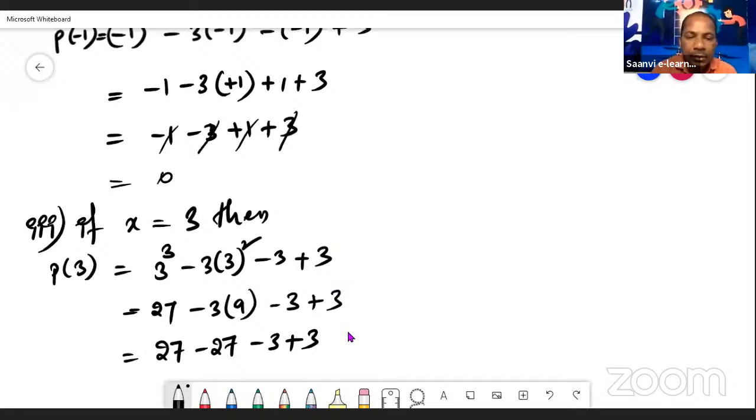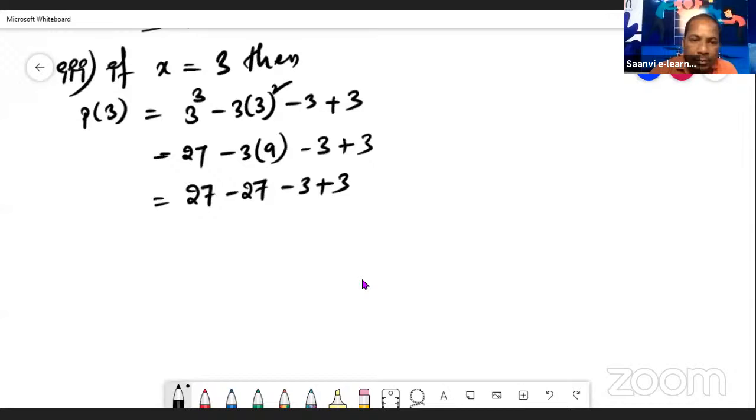Okay, children. So now how much do we get? Plus 27 minus 27 cancel, and plus 3 minus 3 cancel. So here also we got 0. It means in 3 cases, when we substitute the given numbers in the polynomial, we have got 0.